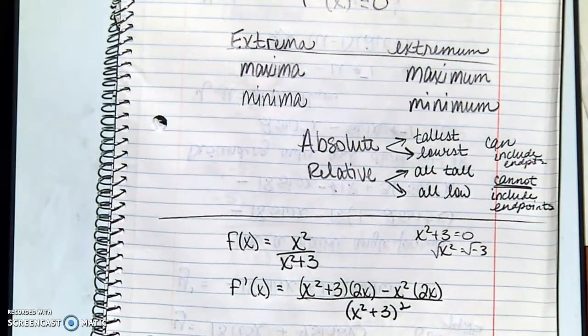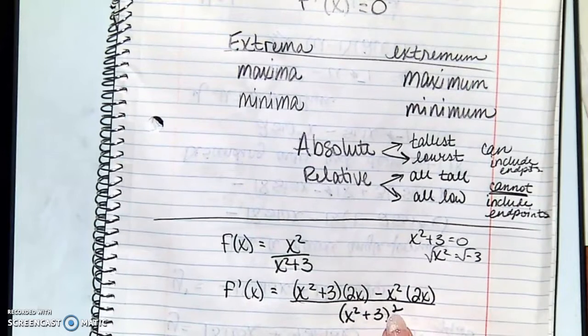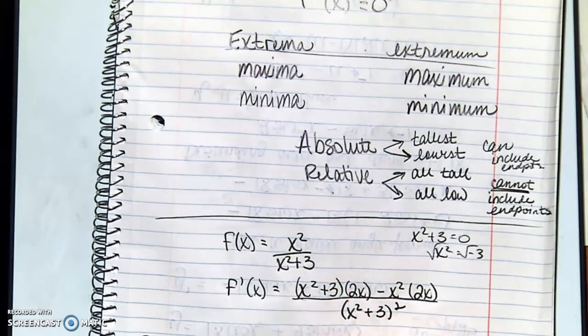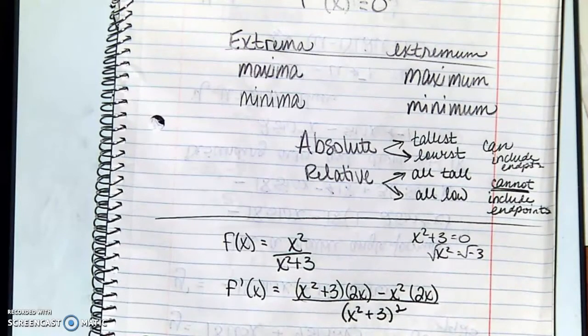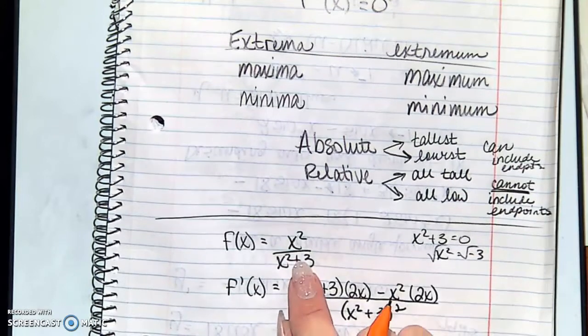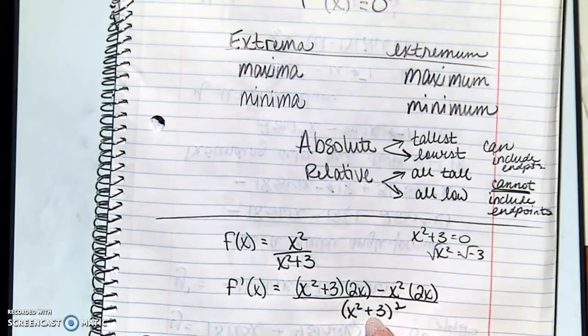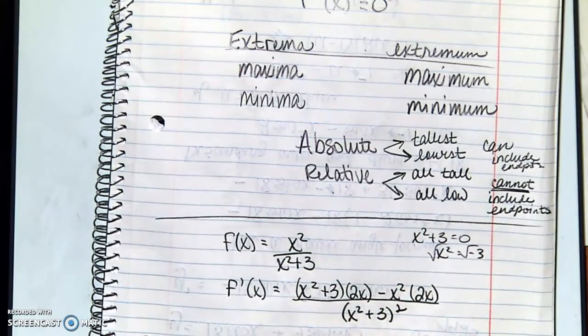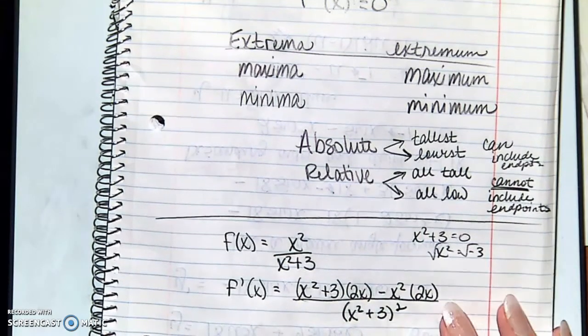So notice that your denominator just now has a square on it. So it's still not undefined. It didn't just miraculously change where all of a sudden I can use values that I couldn't use before, or vice versa. So it's still continuous.